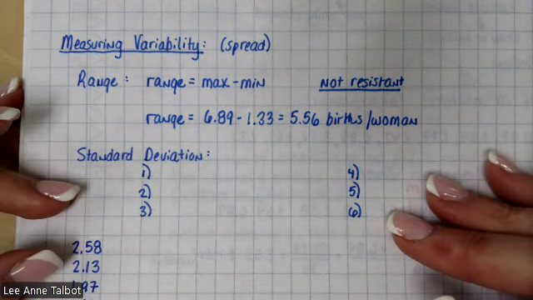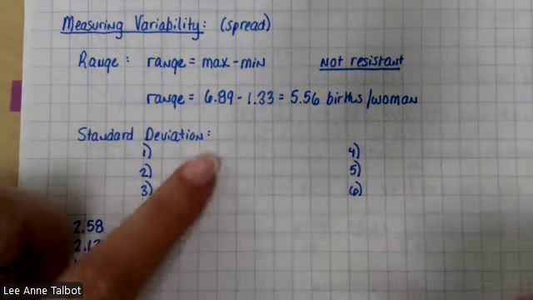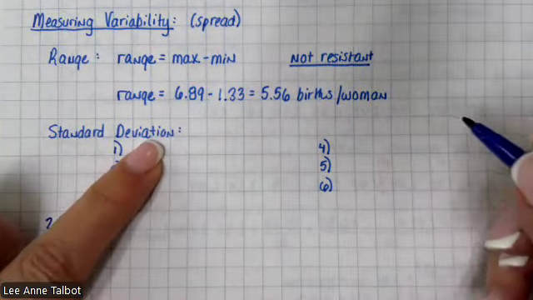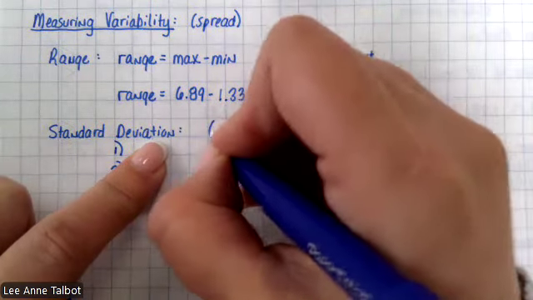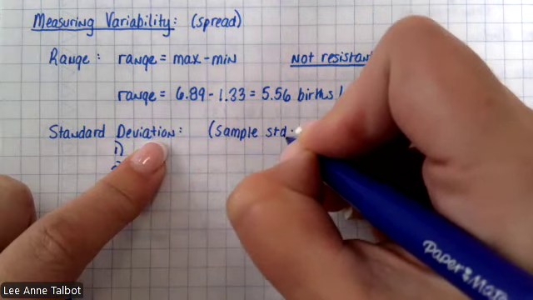The next measure of spread we're going to work on is standard deviation. And in our problem, we are working with a sample of 10 countries. So we're going to work on sample standard deviation.